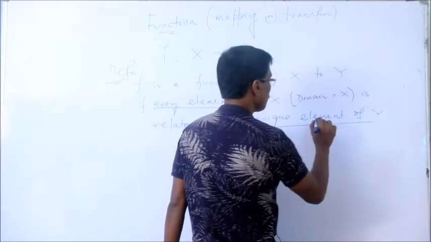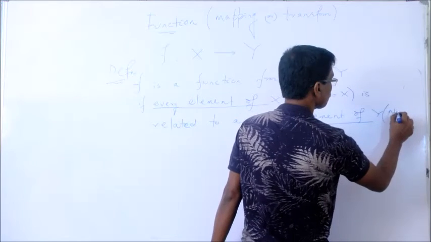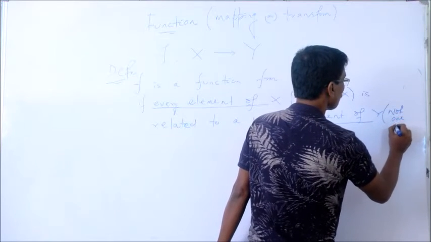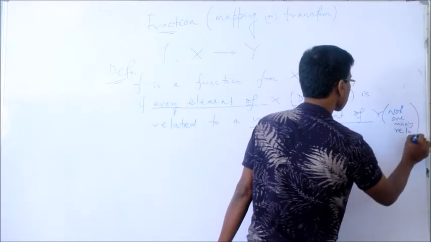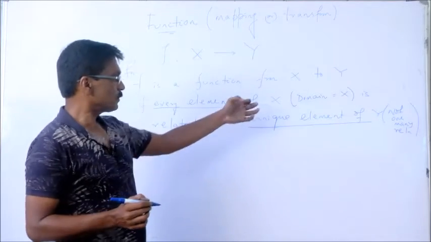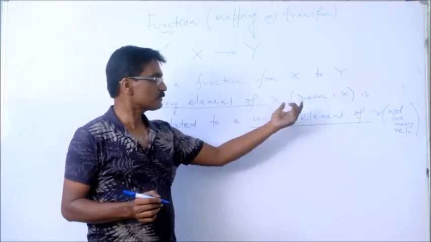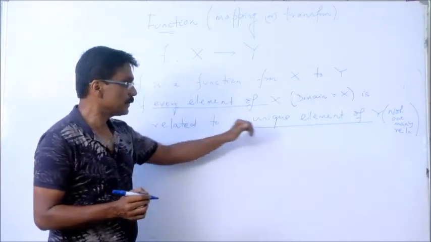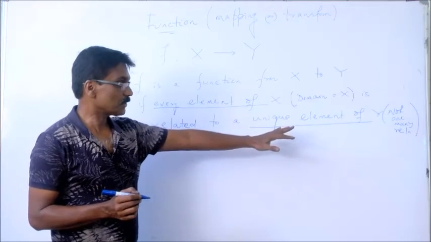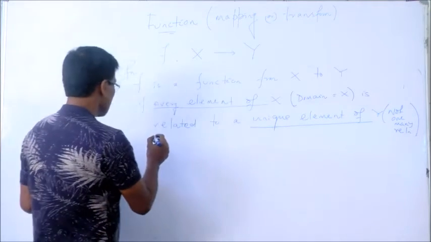Unique element of y means it is not a one-many relation. So, every element of x means domain should be equal to x set. To a unique element of y, it must not be one-many relations.